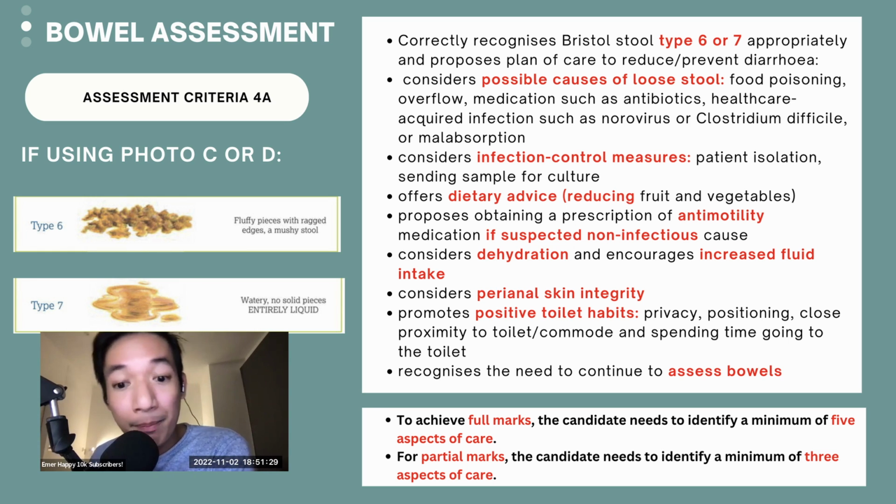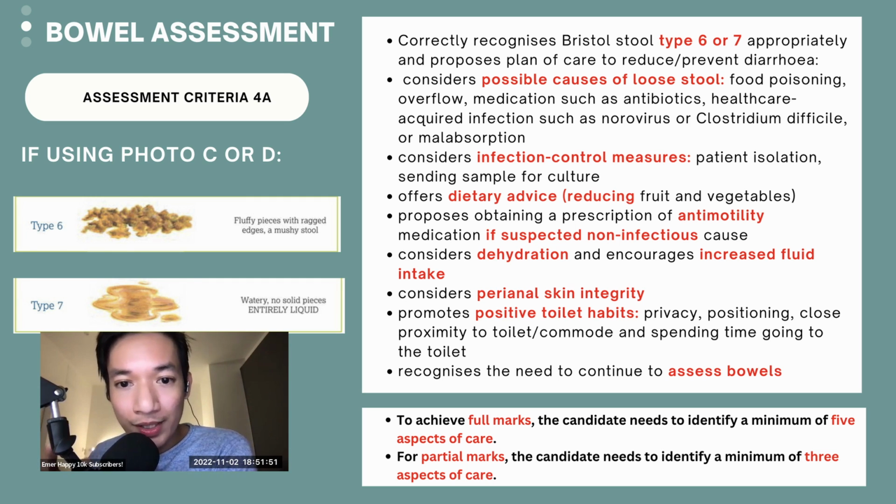Again, for you to get a pass, definitely you need to answer 5. And if you want to fail, of course, you only write 3. Let's try and analyze the answers. The first answer is a possible cause of loose stool. Second is your infection control measures: patient isolation, sending a sample for culture.